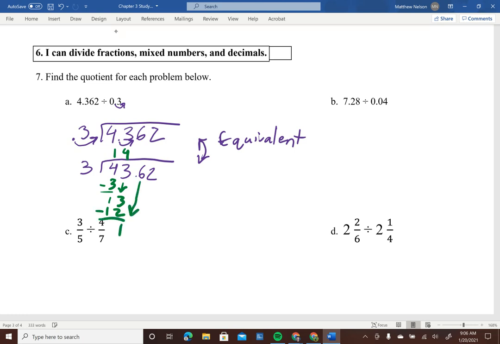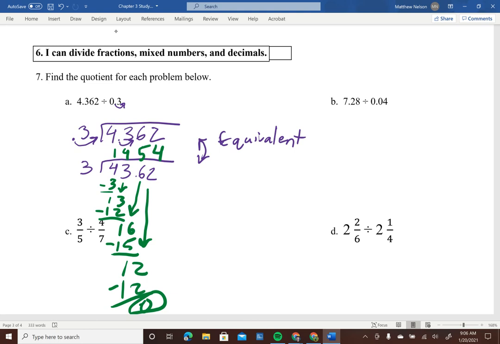Bring down our 6. 3 goes into 16 5 times. If we multiply 5 by 3, we get 15. Subtract, we get 1. Bring down our 2. 3 goes into 12 4 times. There we have a remainder of 0, so we know we're done.